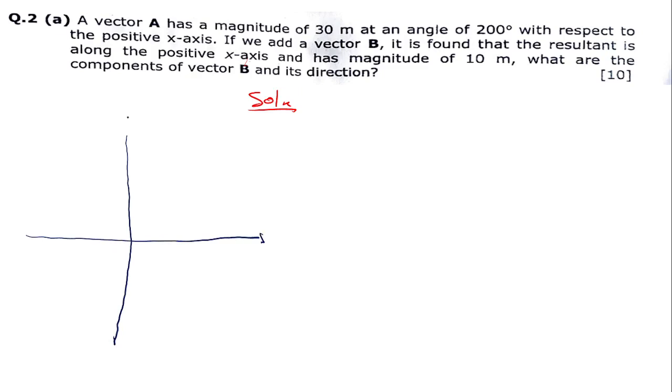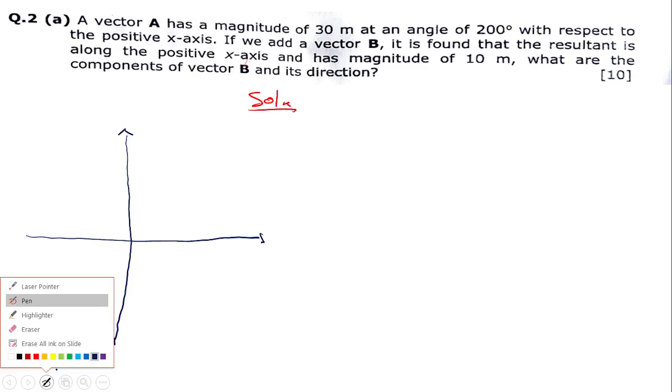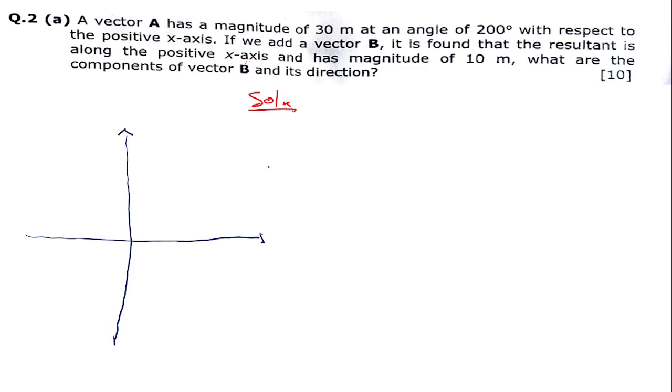I have been told that there is a vector A, and this vector A has a magnitude of 30 meters.